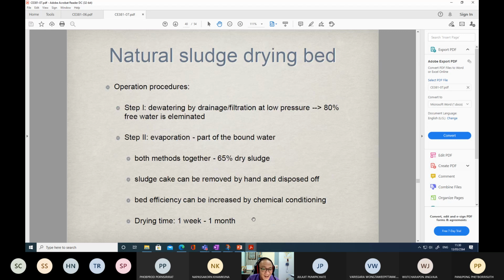The best way is to expose them to the sunlight for 1 week or up to 1 month, so that we can get very high solids content in the dry sludge.